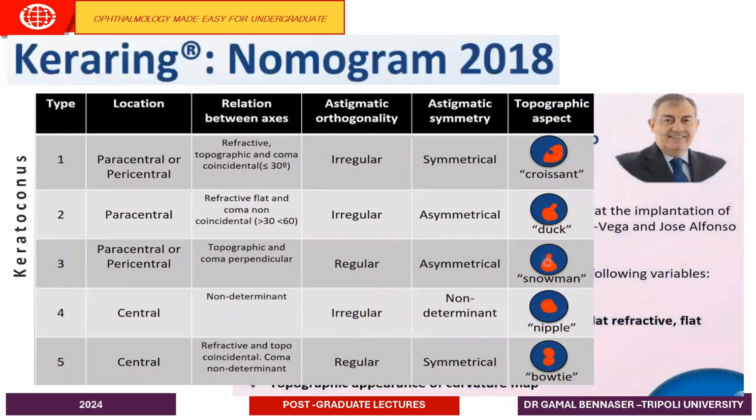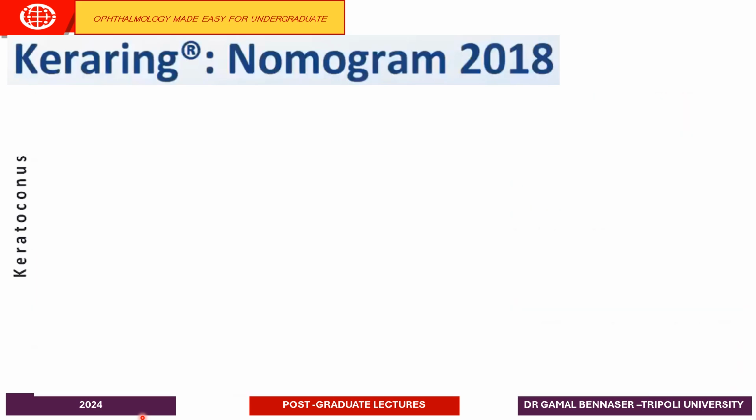This classification is based on comparison of the shape of the cone relative to the reference meridian or axis, that is the topographic or coma axis. This is just an example of the Kera rings, and these are the different classifications.